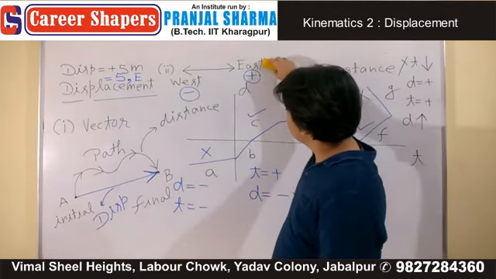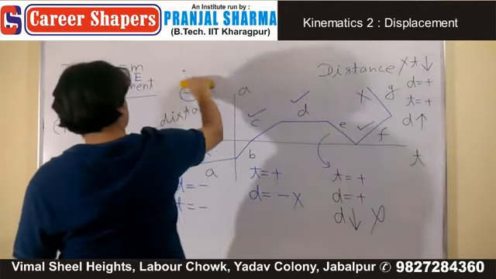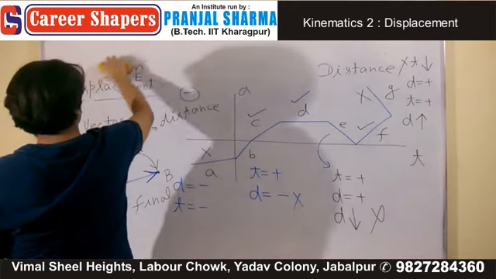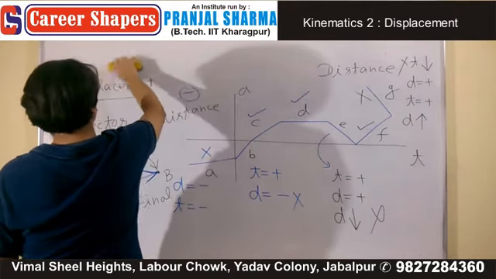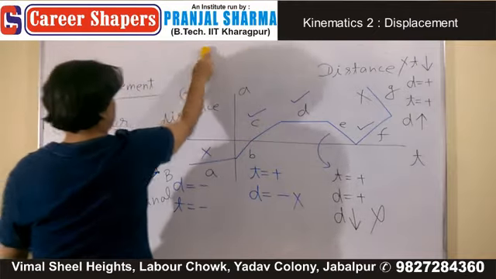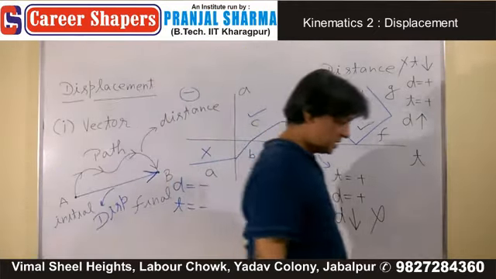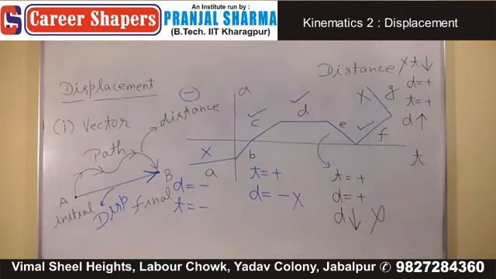Now, write down the third point. You remember the properties of distance, the third point was that distance is something which can never decrease. Now let's see, what do you think regarding displacement?